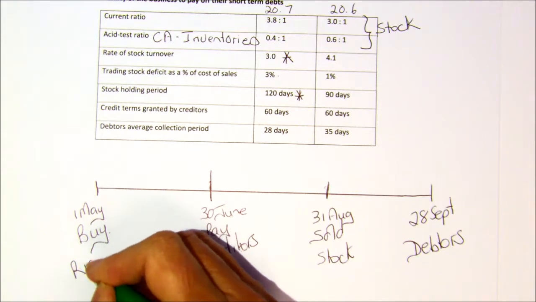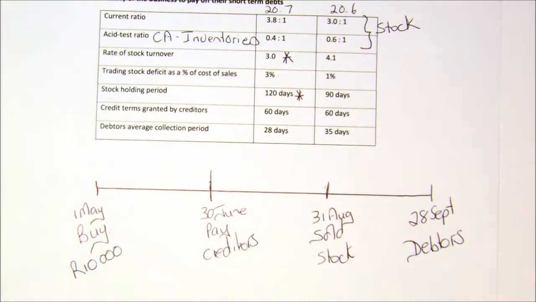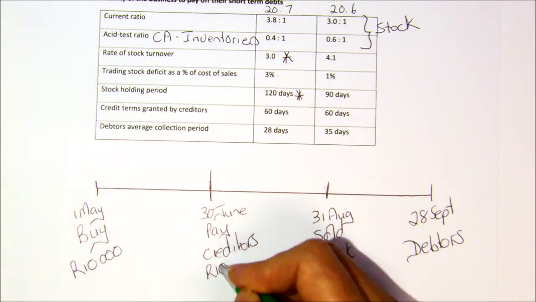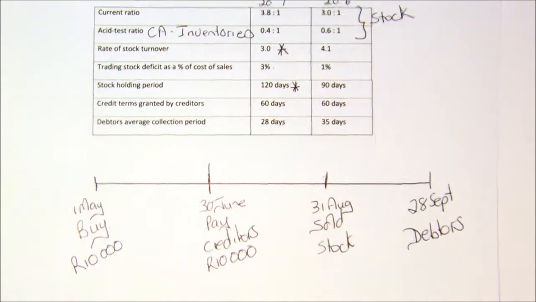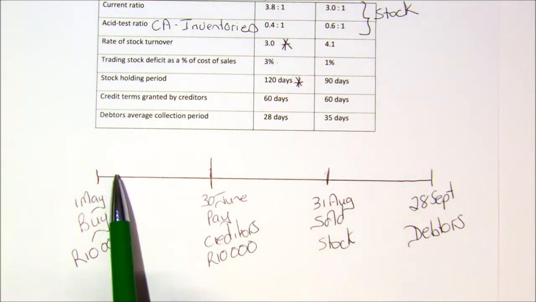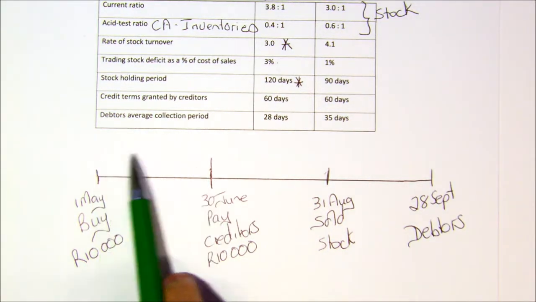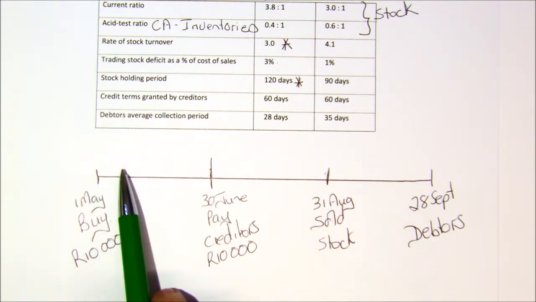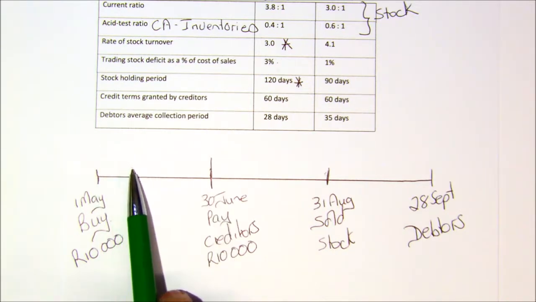So let's say, for example, I buy 10,000 rands worth of goods. By the 30th of June, I've got to pay that 10,000. On that day, I might have collected some of the money from the debtor, and yes, I've been selling stock, but only a portion.